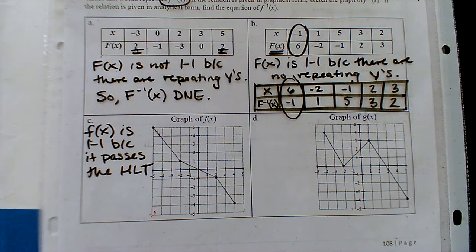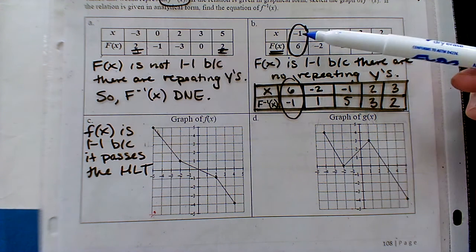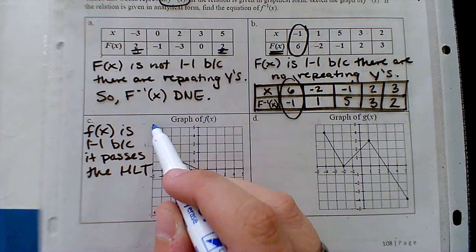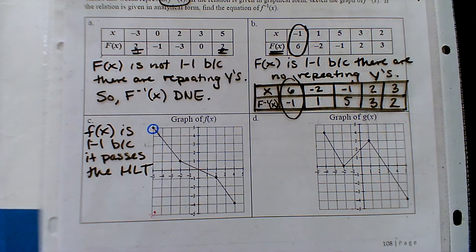All right, so since it's 1-to-1, that means that we can figure out what the inverse looks like. If we were to switch the x and y values, what would the new function be? So instead of switching table values like we did before, we're going to have to switch ordered pair values because that's what shows up on a graph.